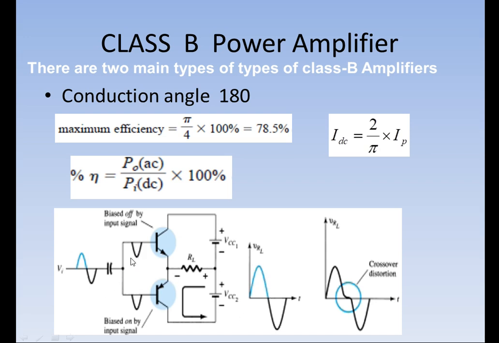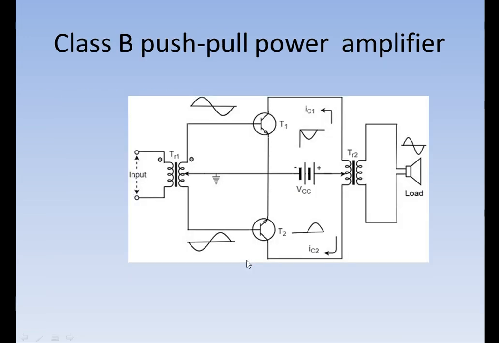When the input is positive, this transistor turns on, so during the positive cycle this one conducts, and the other conducts in the negative cycle. Two transistors are taken to get a full cycle, and each conducts only 180 degrees. These are the formulas for this. We'll see each in depth in the next video. This is just an overview of power amplifiers.